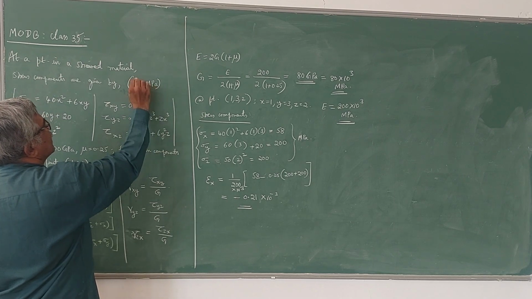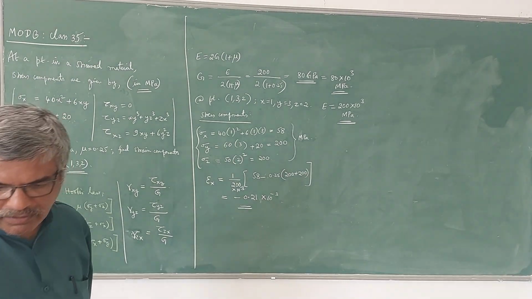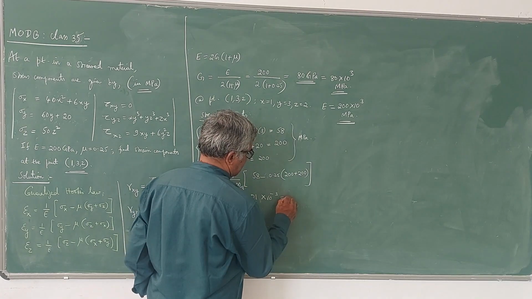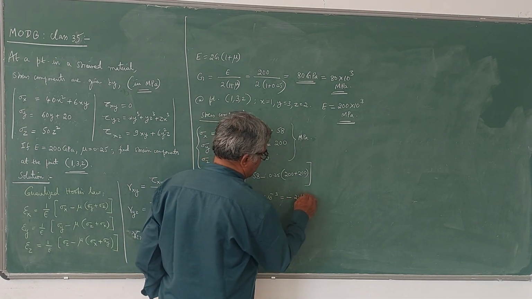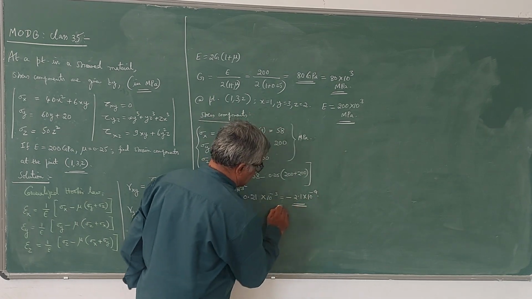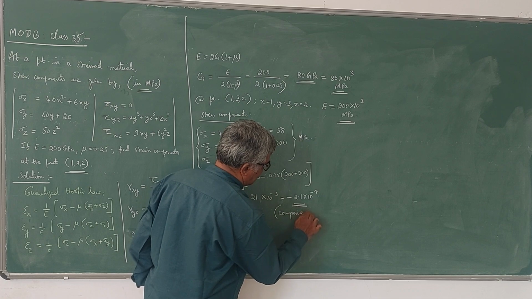Okay? In MPa, then it is understood. So minus 0.21 into 10 power minus 3, or I can write it as minus 2.1 into 10 power minus 4. Here, the negative sign indicates that it is compressive strain. That's all. Compressive strain.